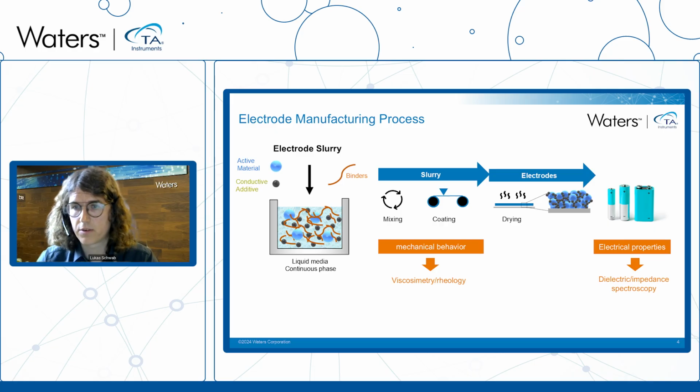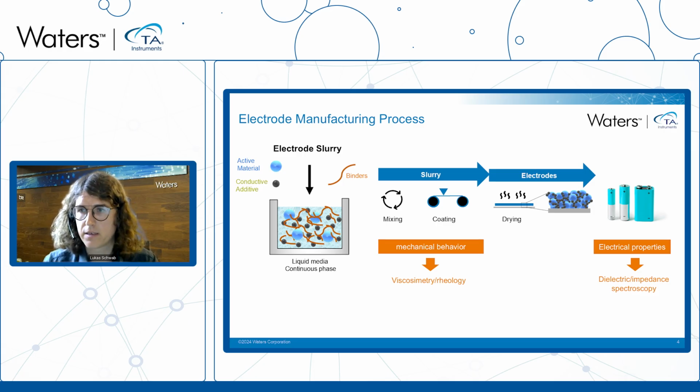And dielectric or impedance spectroscopy is a major technique to get information about the electrical behavior of these materials. But if we look more at the slurry stage, then the mechanical behavior of the slurry is important. How fast can we coat it? How do we achieve the best mixing?